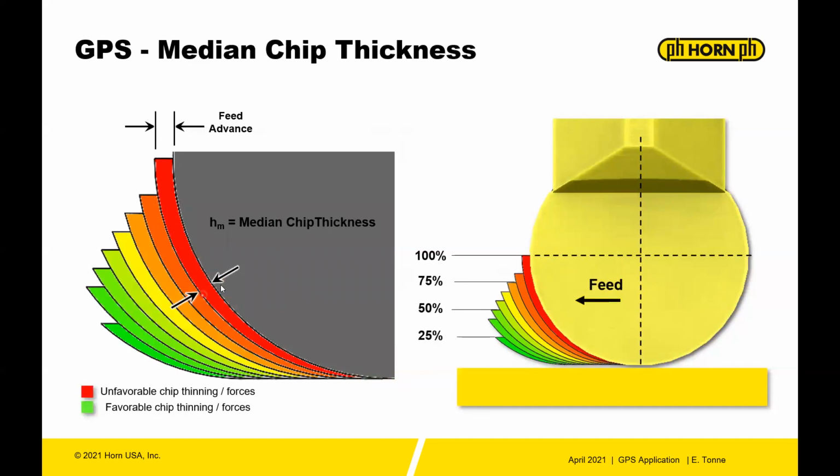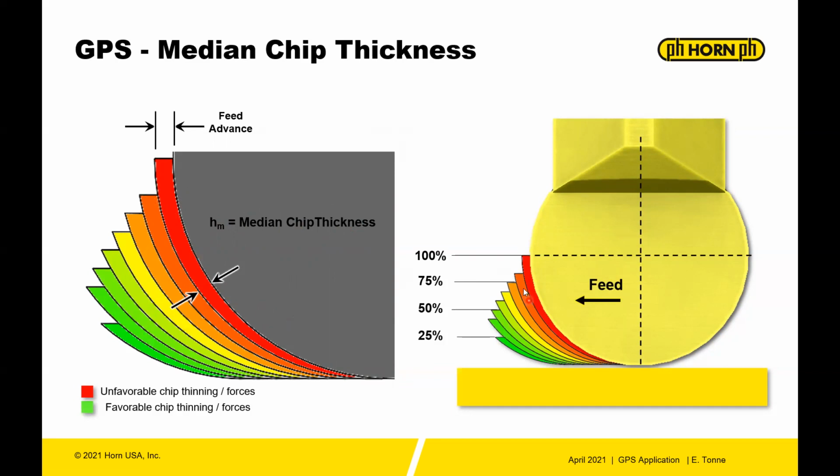So you take the median thickness of your chip, and that's where the median chip thickness comes in. So you use that to take advantage of feed. You can increase your feed and still maintain a median chip thickness that's acceptable for the forces involved, the material involved, and the cutting edge involved in the process.